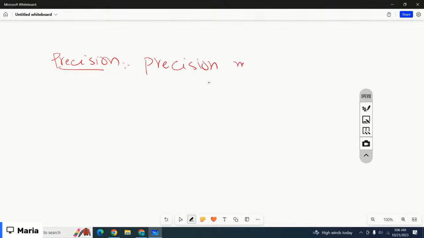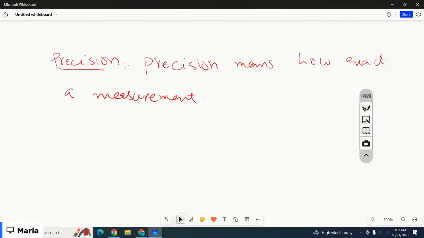Precision means how exact a measurement is. When the units are the same, the measurement with more decimal places is more precise.